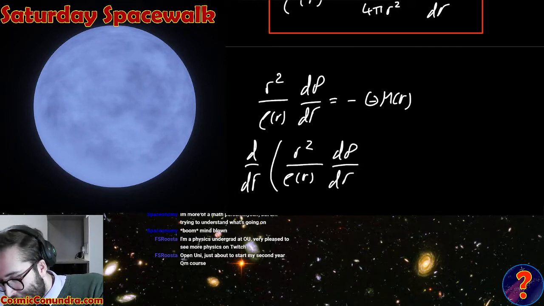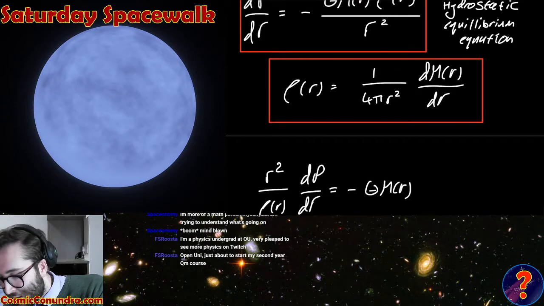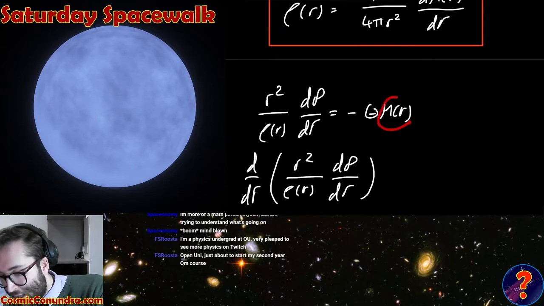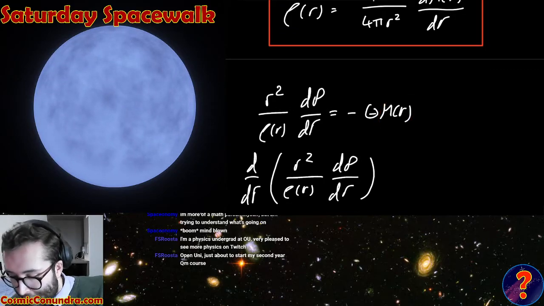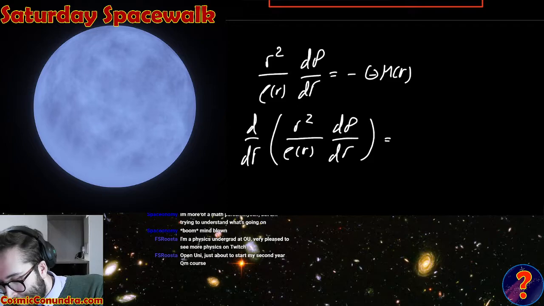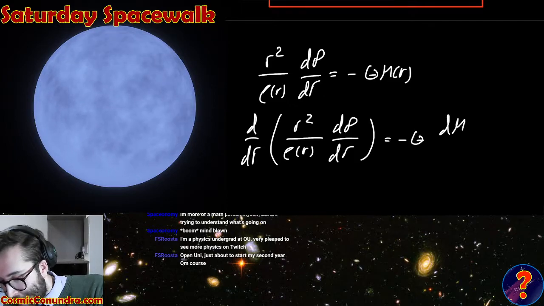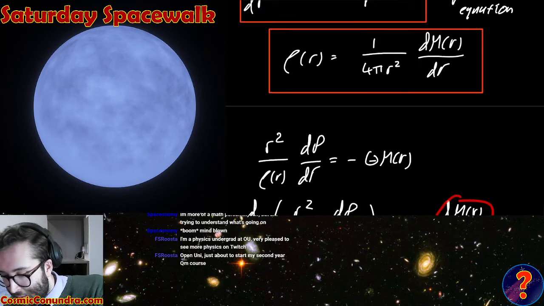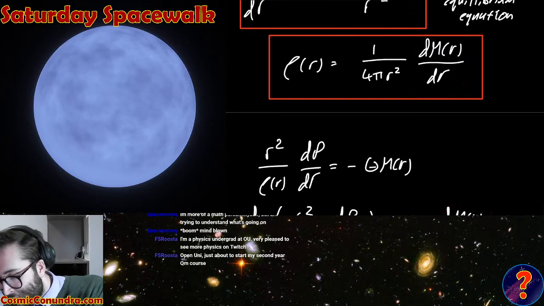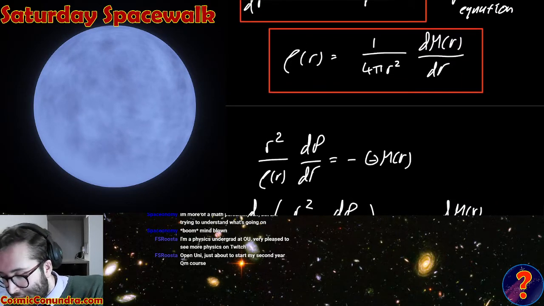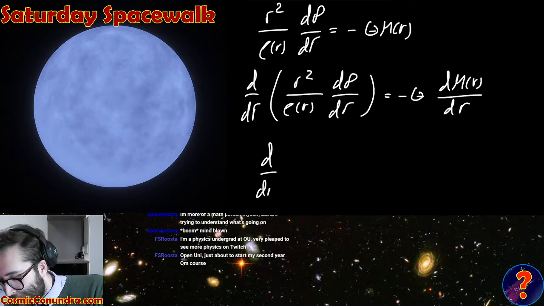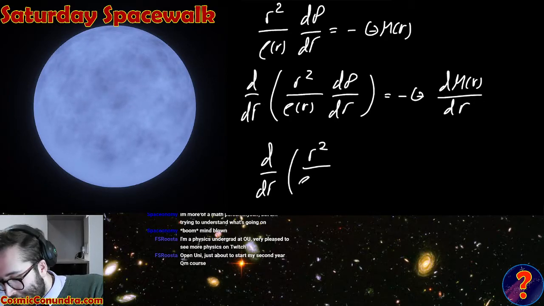Well, because I have from the mass continuity equation an expression for dm/dr. So I want to turn this m(r) into dm/dr. Differentiating the right-hand side becomes this expression here. And now I have something for this from the mass continuity equation. So this dm/dr is just 4 pi r squared rho(r). So this looks like this.